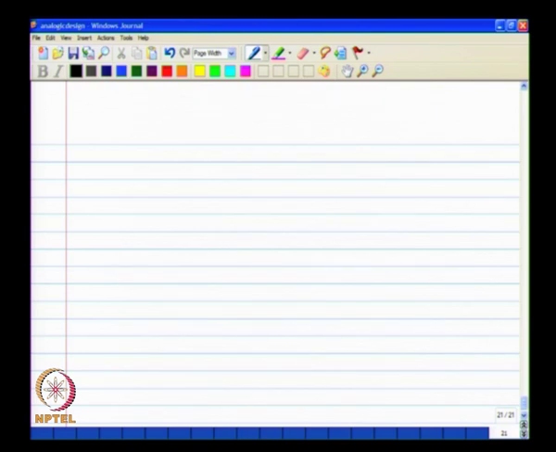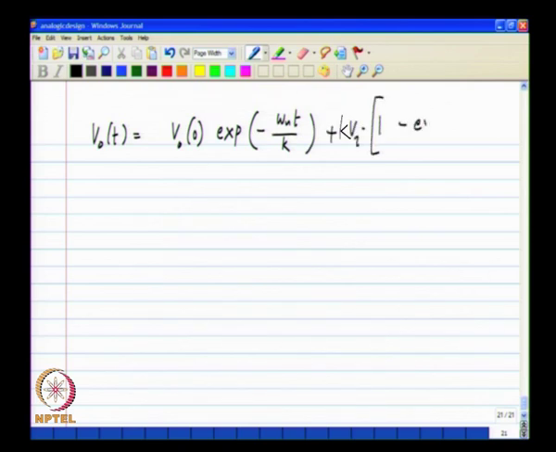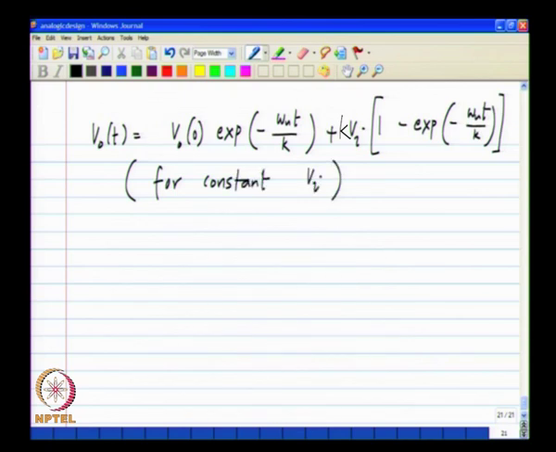Now, the expression for the output is this. Once again, let me emphasize that this is for constant inputs Vi.